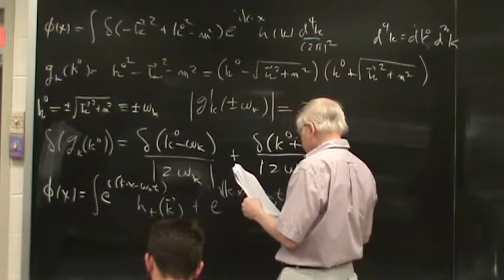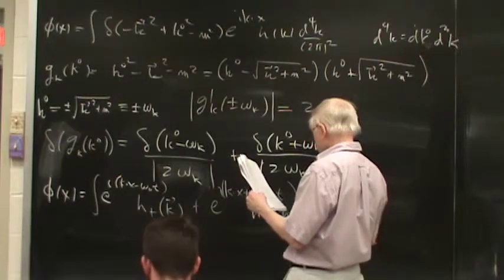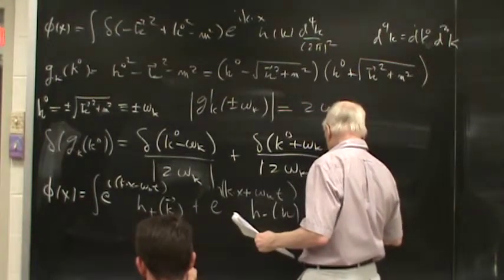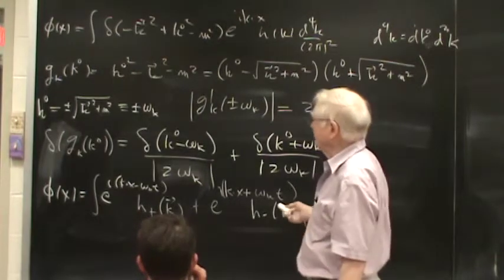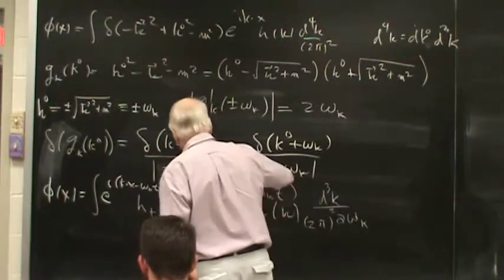And all that is d cubed k, and we've got (2π)^2 and 2 omega k, omega k being intrinsically positive. I didn't need these absolute value signs, so we'll get rid of them.